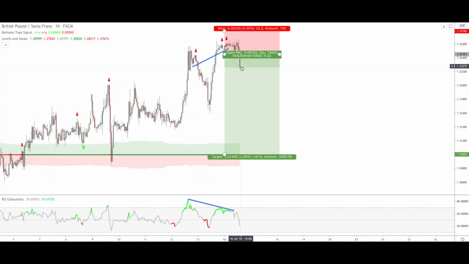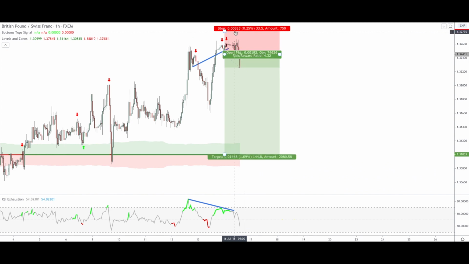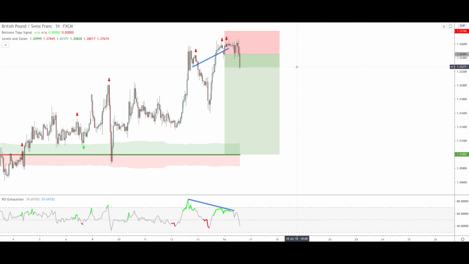So the price is now moving down. It had quite a hard time moving down because you can see the volatility within these candles, but now it's moving down. The most interesting thing is that the RSI is just dropping. It's dropping like crazy. So this means that this downward movement is definitely sustained by the downward movement of the RSI Exhaustion as well. So what I'm expecting is that the price will now continue to go down.